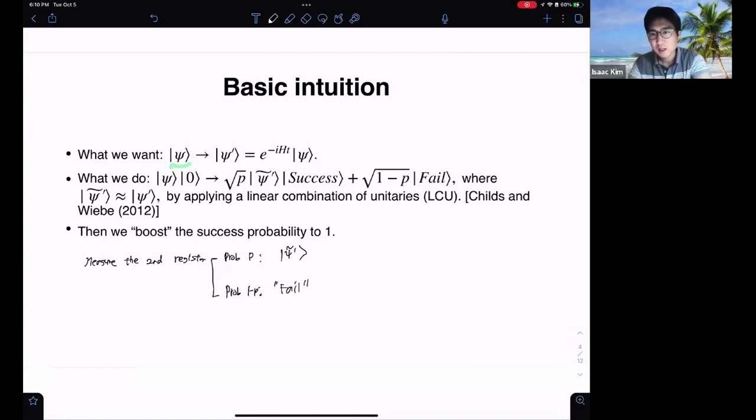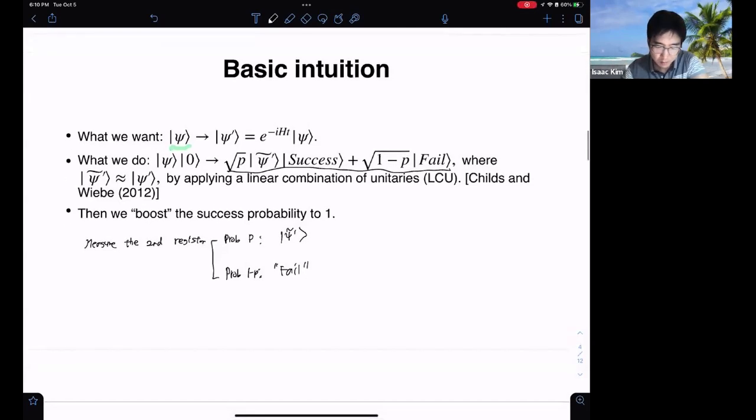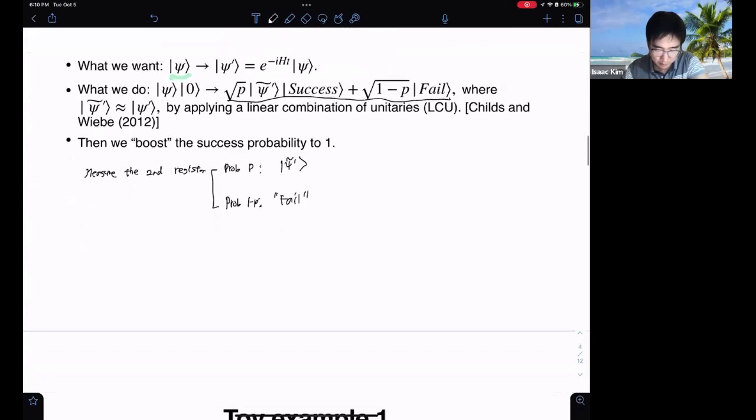I know that this is very abstract at this point. We will actually discuss a specific example, but this is basically how these non-unitary methods work. You build this operation, and then you boost the success probability. We'll see how that works in this lecture.